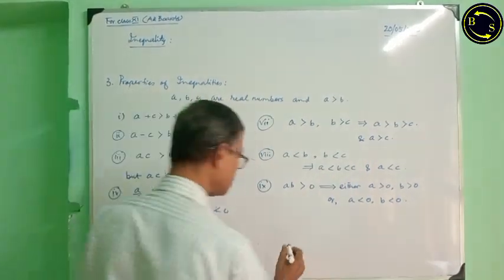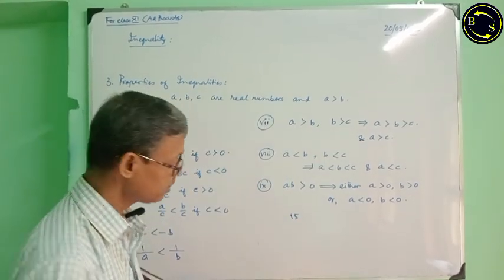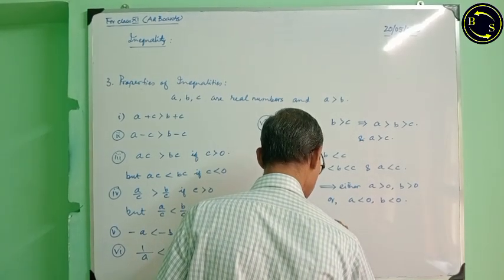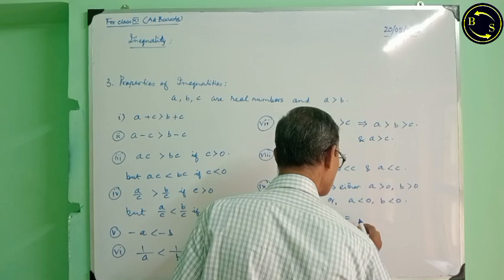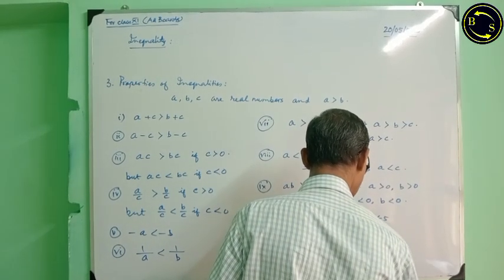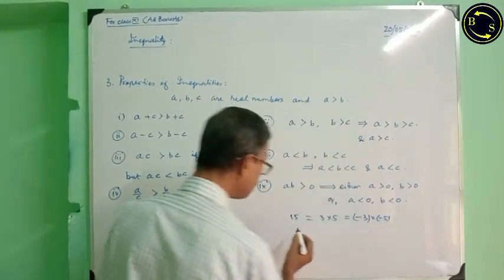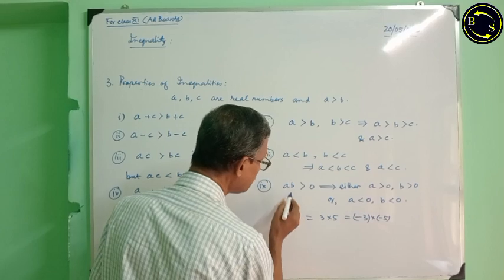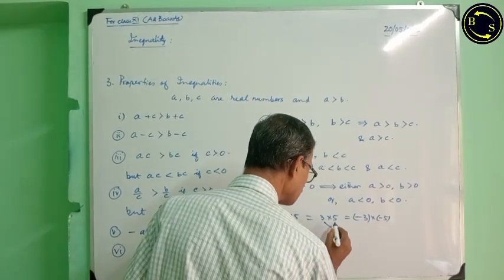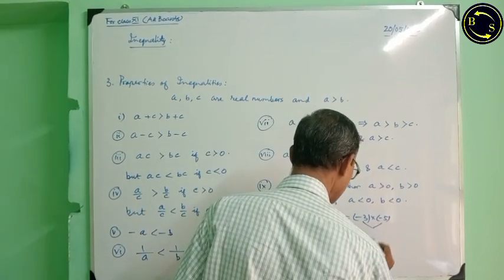Let us illustrate. Say 15. That means a positive number, which can be written as 3 into 5 or minus 3 into minus 5. Therefore, if the product of two numbers is positive, then both are positive or both are negative.